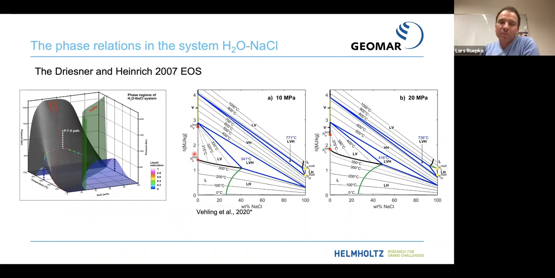In the system salt plus water, there are two other regimes where that happens, and that is in the liquid-vapor-halide coexistence. So when we have all three phases present, that's also an isothermal phase transition, which means that the PTX mapping does not work very well inside the three-phase regime.